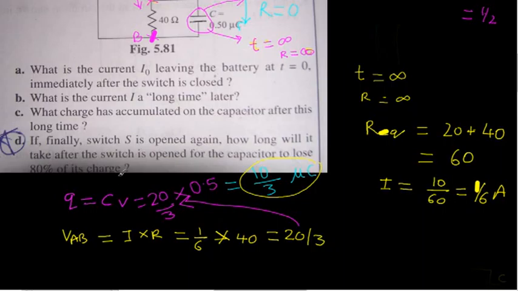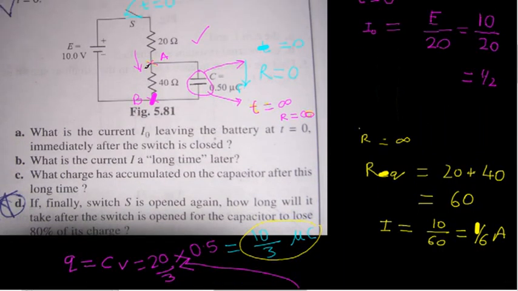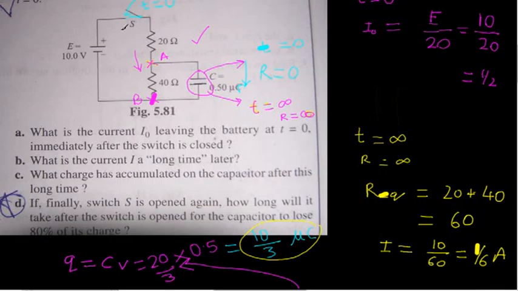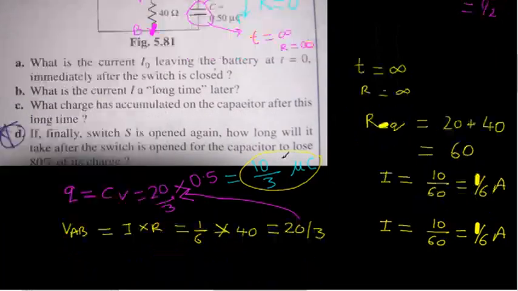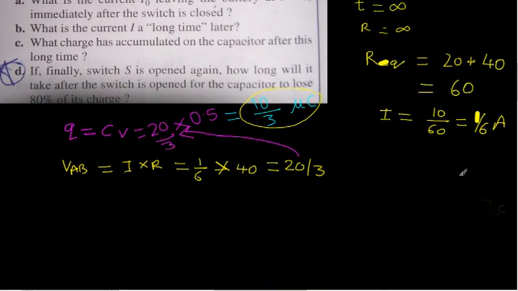And last one, if finally the switch is open again, what will happen? If switch is open again, then this is totally disconnected, right? The only closed loop will be this one. So I will just redraw the closed loop. Closed loop will be this.